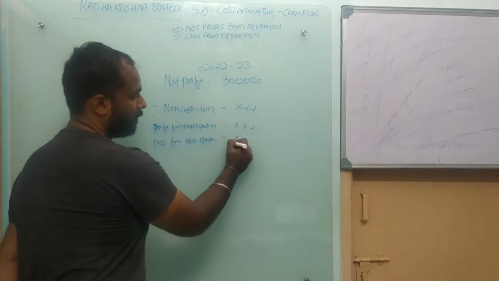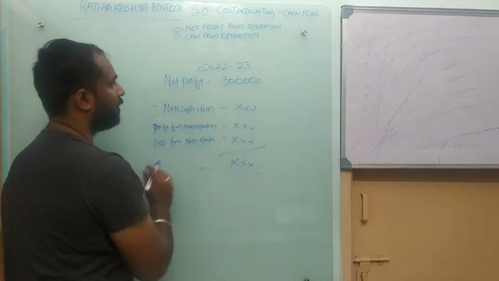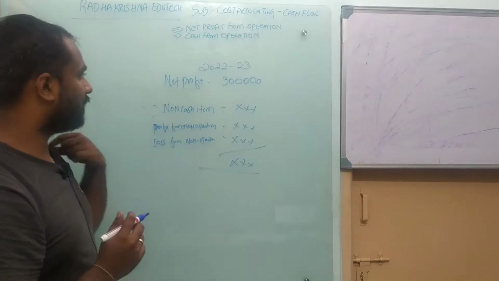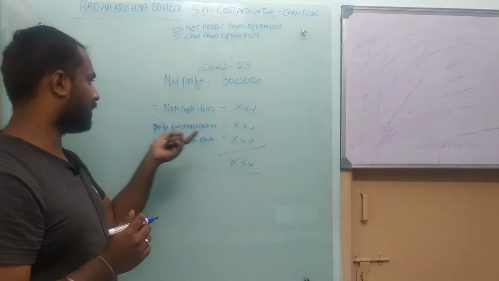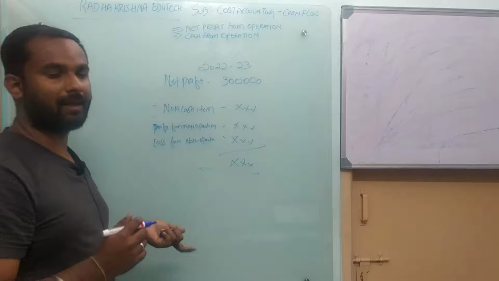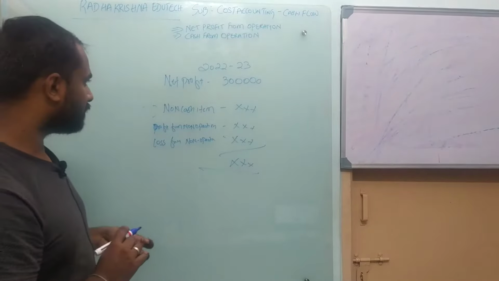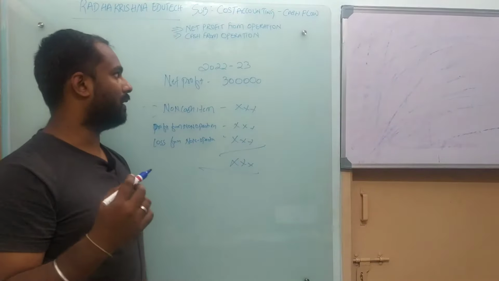So we have to remove all these items, then we arrive at a net profit from operation. Because if you are considering these non-cash items or non-operation items, then the net profit for the cash flow statement is not correct.